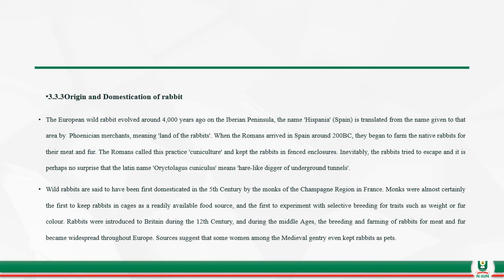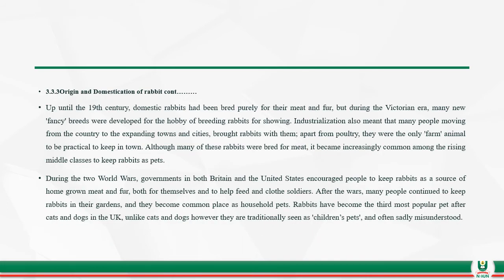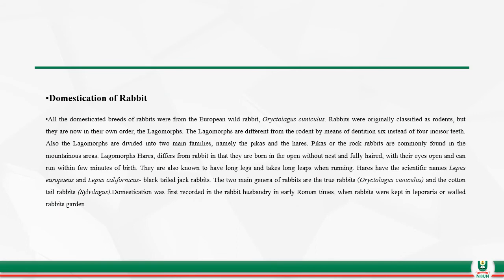The Romans called this practice coniculture and kept the rabbits in fenced enclosures. Inevitably, the rabbits tried to escape, and it is perhaps no surprise that the Latin name is Oryctolagus cuniculus, meaning hare-like digger of underground tunnels. There are other issues pertaining to the origin and domesticated rabbits as reported in various parts of the world.